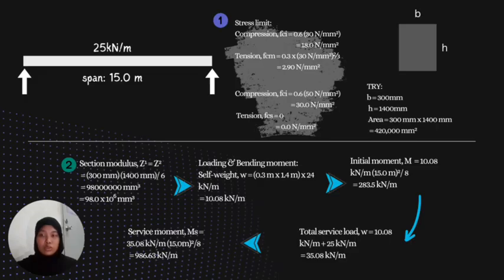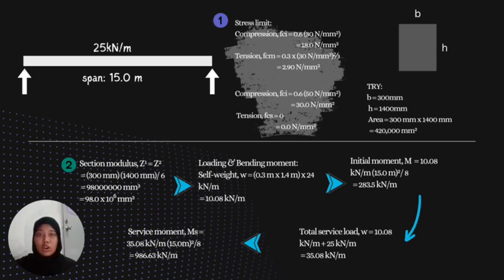Now we go through the design of the precast pre-stressed concrete beam. As we know, the beam has a span of 50 meters and the load is 25 kilonewton per meter. First, we need to calculate the stress limits: compression fci, tension fcm, compression fci, and tension fcs.